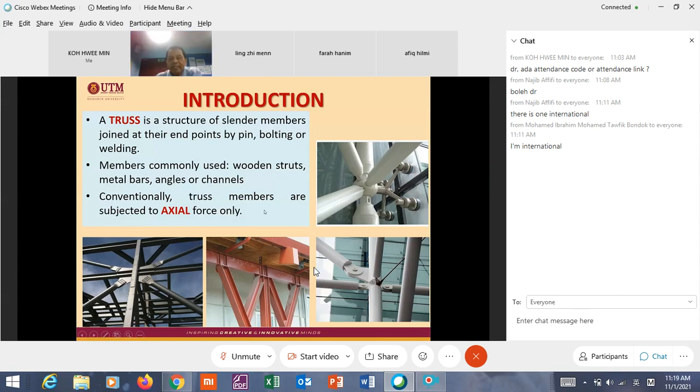And this one is a welded connection. For the member forces, whether it is pin or rigid also depends on experimental tests in the lab.